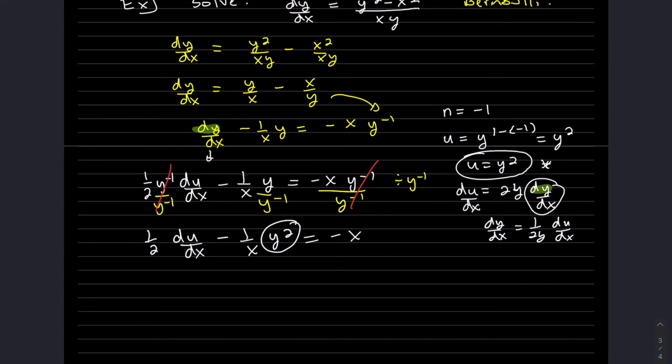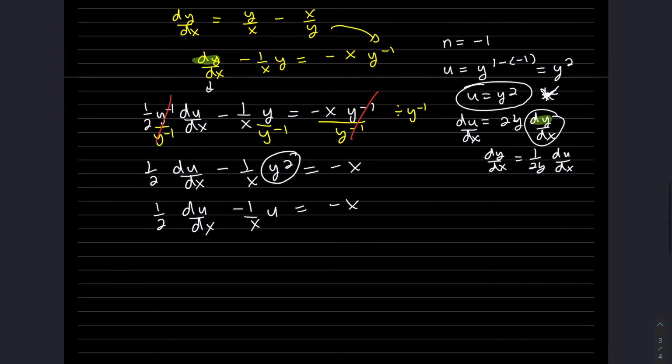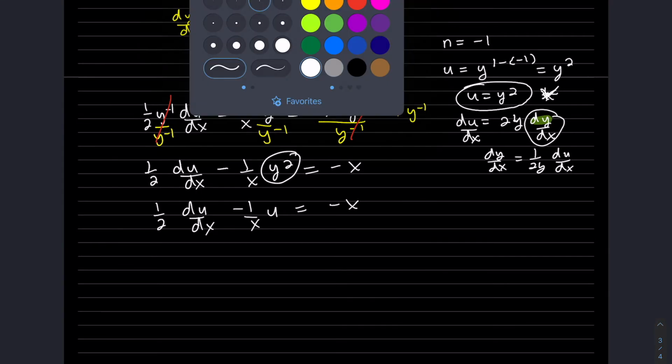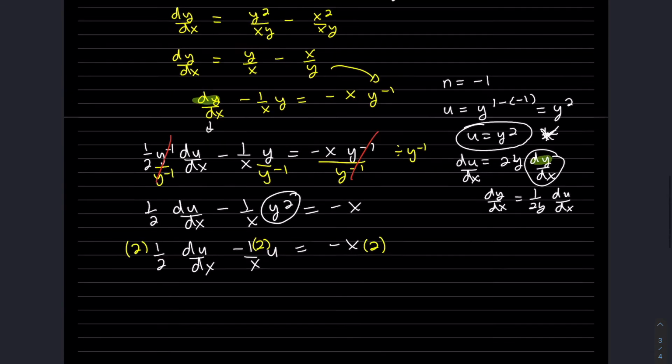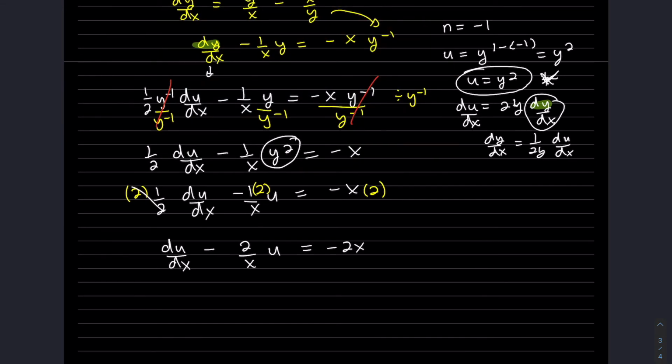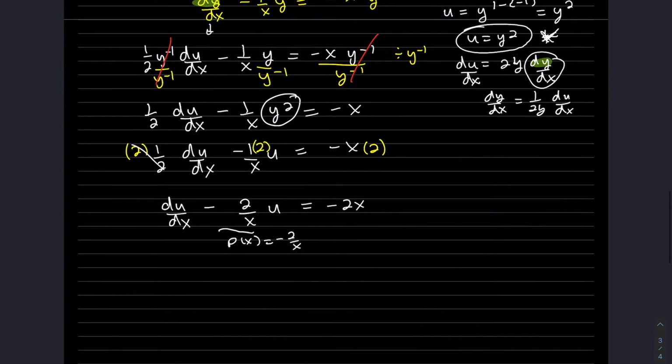And here, that's our u. And it looks like we might have to use an integrating factor. So multiply through, my p of x for the integrating factor. So my integrating factor is mu.